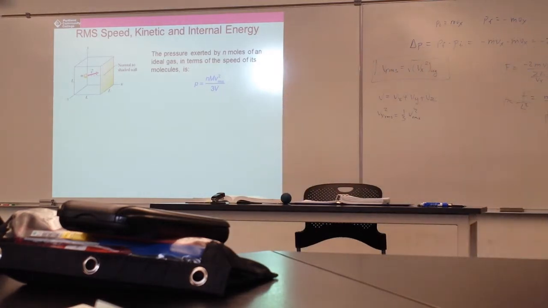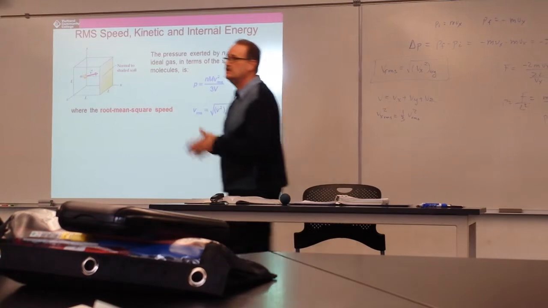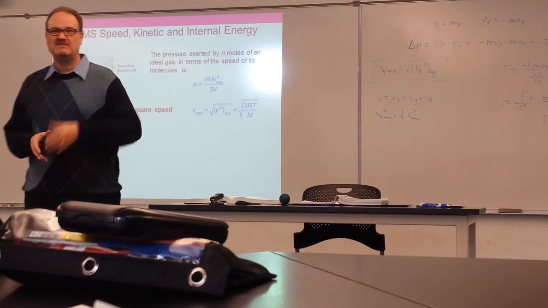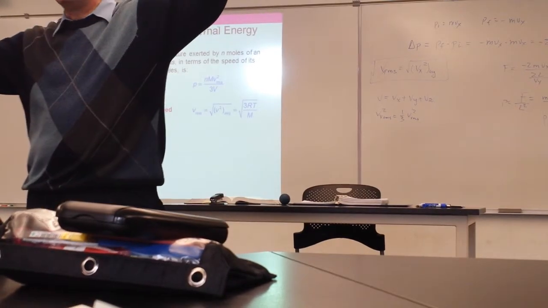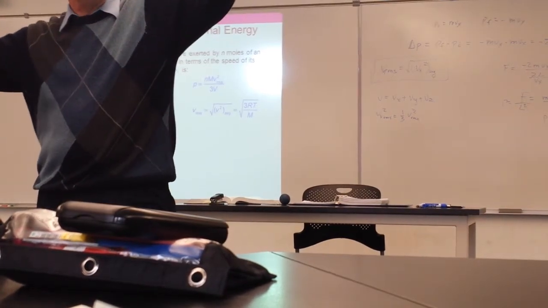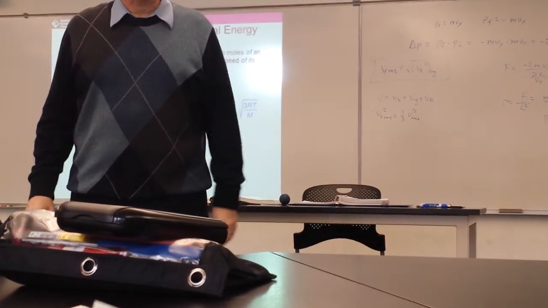That's the general relationship. So now I've related pressure to the speed, the average speed of the molecules in the gas. I've taken a macroscopic property, pressure, and related it to a microscopic property. The speed, the average speed, the RMS speed of the molecules of the gas moving inside that container.